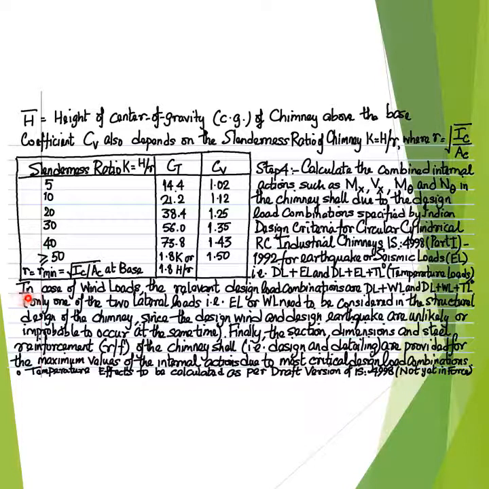Therefore, as mentioned earlier, only one of the two lateral loads, that is either earthquake load EL or the wind load WL, is considered in the structural design of the chimney shell due to the physical reasoning that the design wind and the design earthquake are unlikely or improbable to occur at the same time.